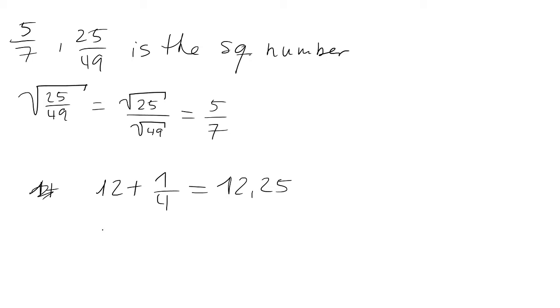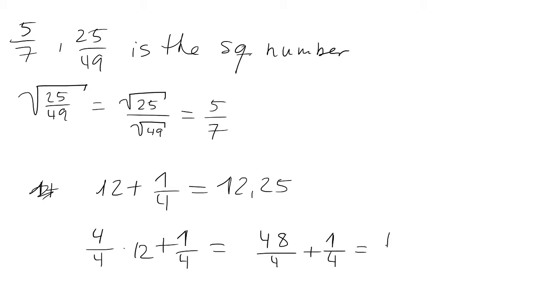So we multiply 4 divided by 4, which is just equal to 1, by 12, and plus 1 divided by 4, which is equal to 48 divided by 4, plus 1 divided by 4, which is equal to 49 divided by 4. Okay, so you should be familiar with rewriting terms like that.